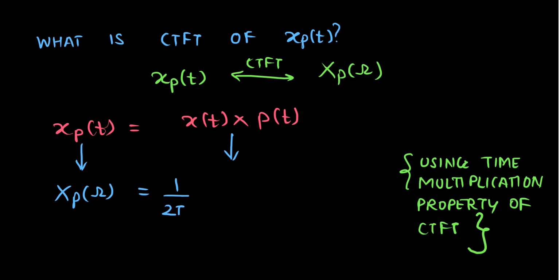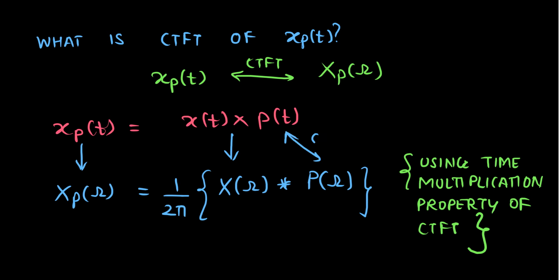So the Fourier transform here would be given as 1 upon 2 pi into X of omega convolved with P of omega, where this P of omega is the Fourier transform of p of t.